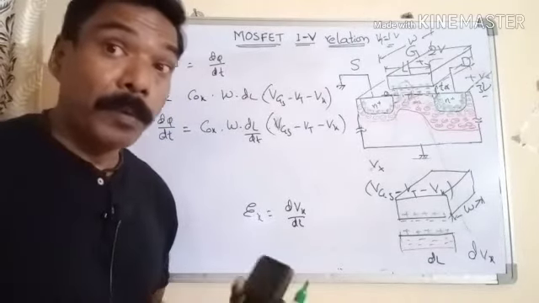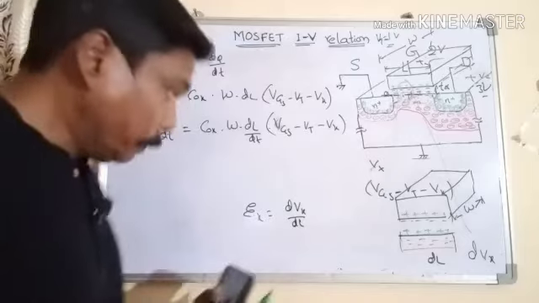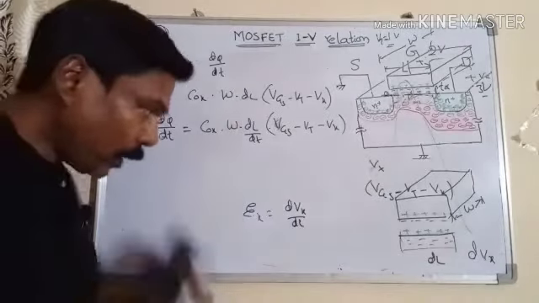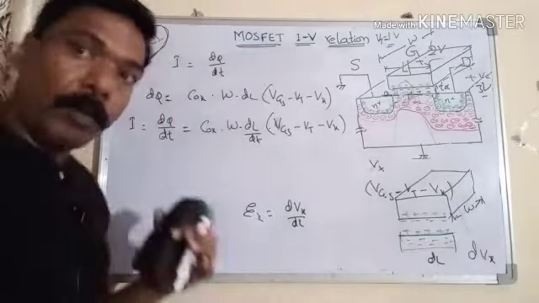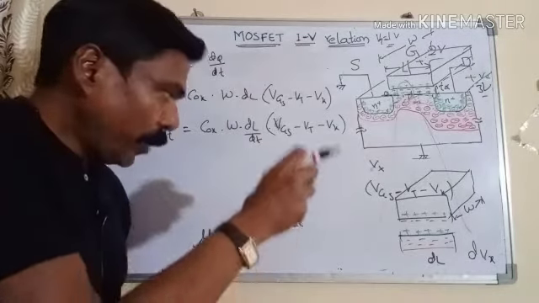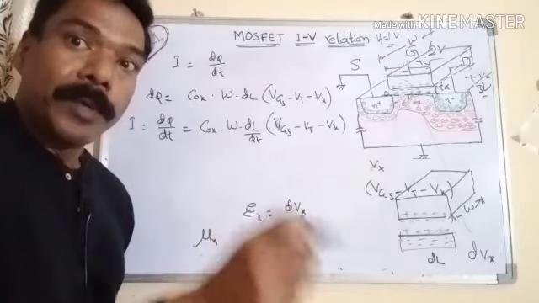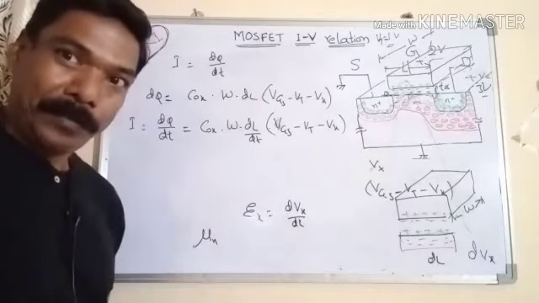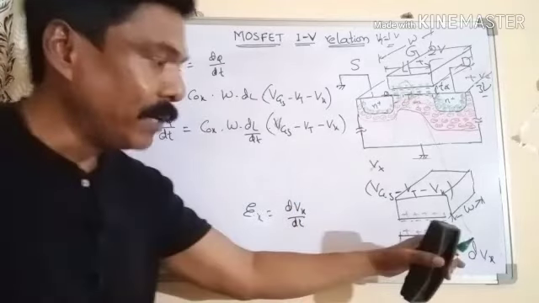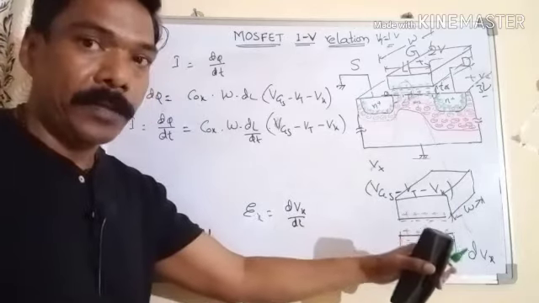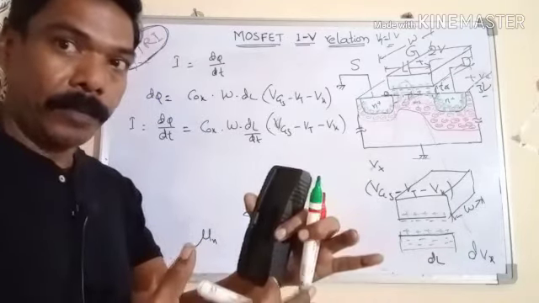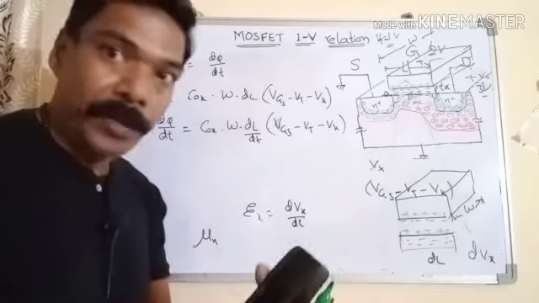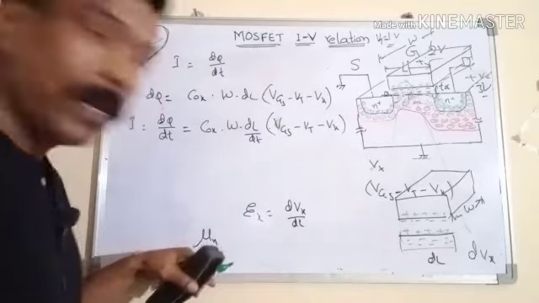And there is one more physical parameter, which is called the drift mobility of the charge carriers, denoted as mu. Drift mobility is the velocity of the carriers per unit electric field. The velocity of the carriers increases as you keep increasing the electric field. The velocity is proportional to the electric field, and the proportionality constant is called the mobility.